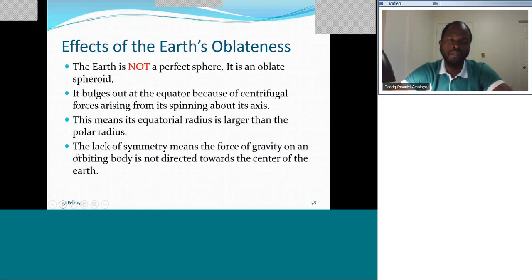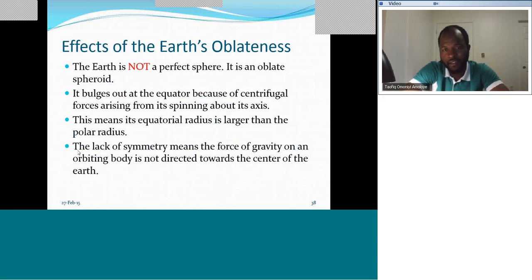So today we'll be looking at the effects of the Earth's oblateness. Normally, in the elementary years at secondary school, you always say that the Earth is a sphere. But now we have to acknowledge that the Earth is not a perfect sphere.